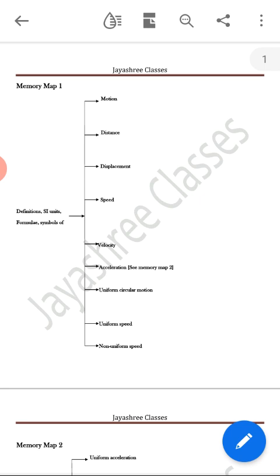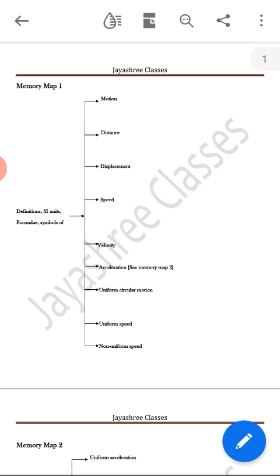If possible, then keep a separate 100 pages notebook for the memory map. It will be easy to review at exam time. Just use that book of memory maps, and then review it, go through it.